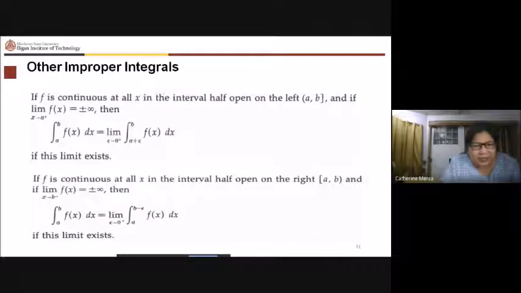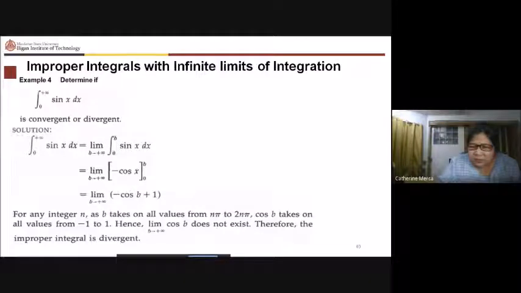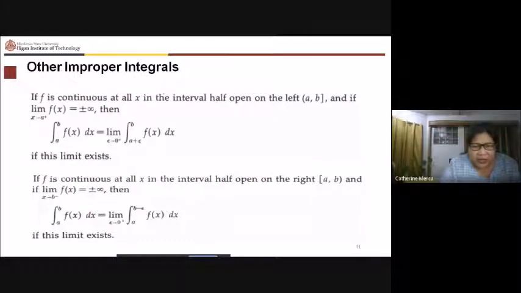Other improper integrals would be if you have the following: a plus epsilon, where epsilon approaches 0 from the right. That is, if you have a half open interval, from a to b, meaning b is included but a is not included.